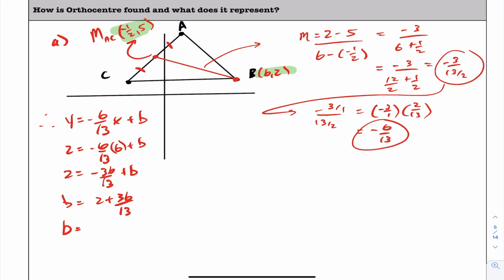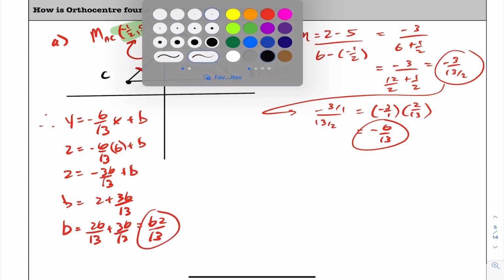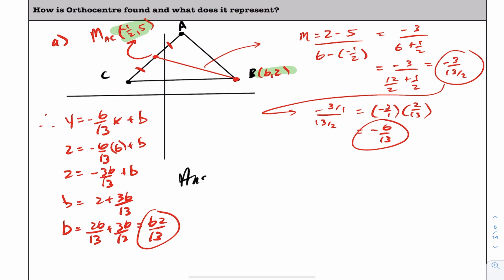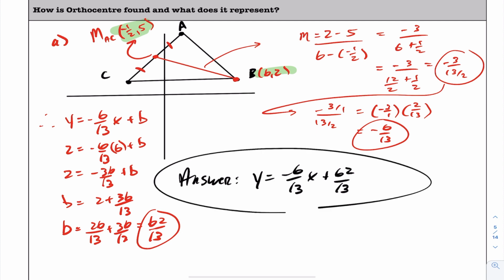Getting a common denominator here, we get 26 over 13 plus 36 over 13, and that becomes 62 over 13. So putting this all together, the answer for the equation of median line B is y equals negative 6 over 13x plus 62 over 13.